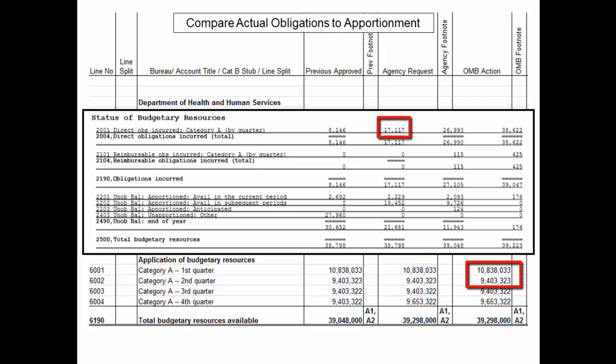The cumulative obligation in the third quarter of almost $27 million does not exceed the amount apportioned for the first, second, and third quarters of $29.6 million. And, of course, we can see the total obligations of $38.6 million do not exceed the total apportioned of $39.3 million.